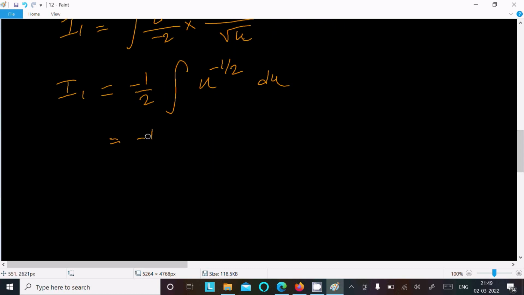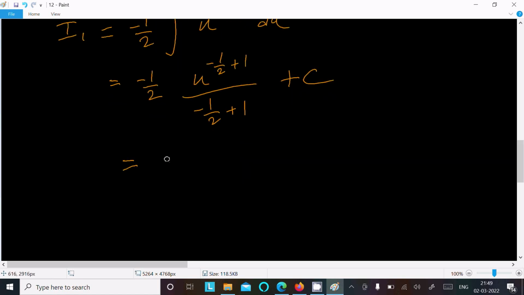Now we can write minus 1 by 2 and the integration of u power minus 1 by 2, so this is u power minus 1 by 2 plus 1 divided by minus 1 by 2 plus 1, and if you want then you can write the c. Then here, if you calculate minus 1 by 2 plus 1, this is now 2 minus 1 over 2, that is equal to 1 by 2.